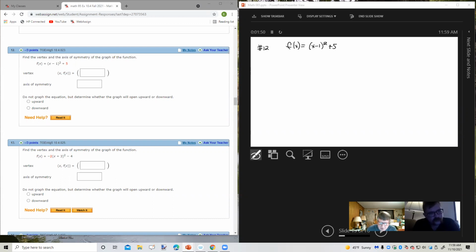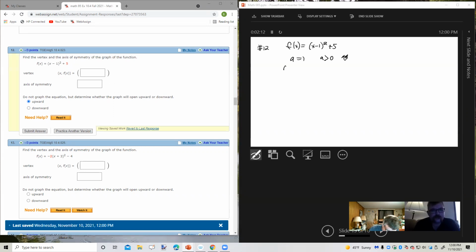Okay. So a in this case is an implied 1. Since a is 1, a is greater than 0, the parabola opens upwards. All right with that? Okay. So we'll say a equals 1, a is greater than 0, so parabola opens upwards.